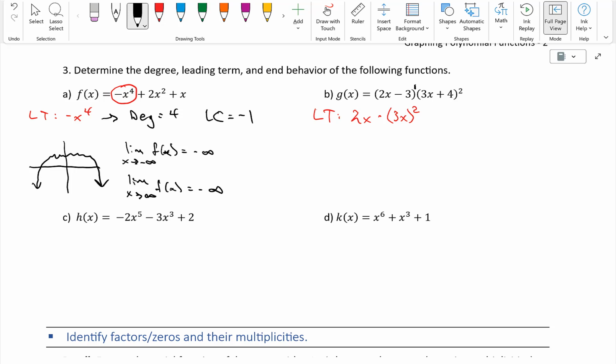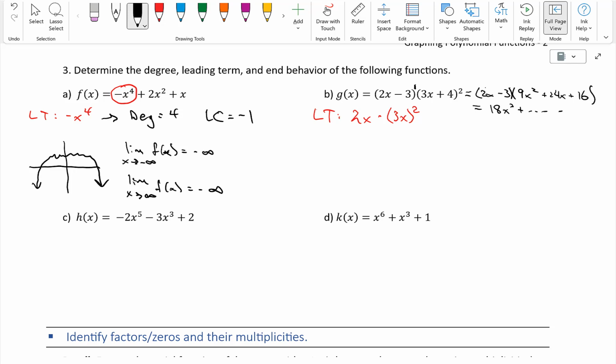If we square that binomial, let's show it again once, and then hopefully we can trust. We'll get this 2x minus 3. If we square that binomial, we get the 9x squared plus 24x plus 16. And then if we kept multiplying that out, we'd get an 18x cubed plus some other stuff.